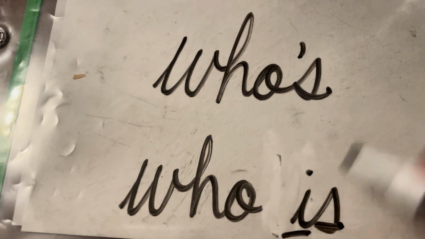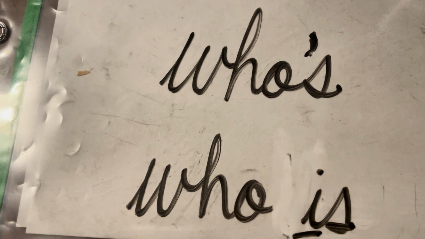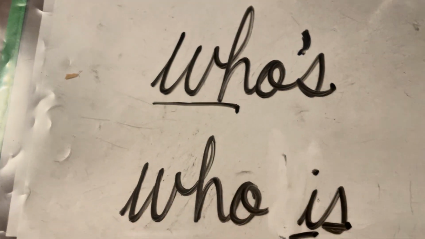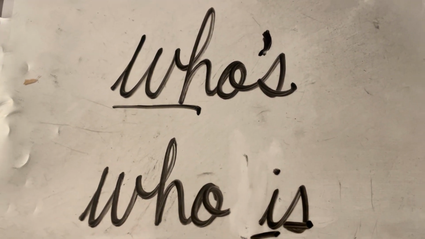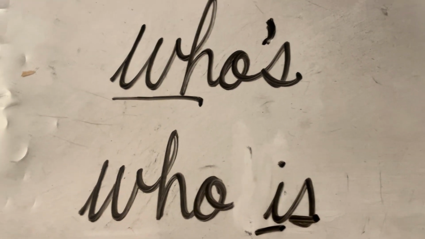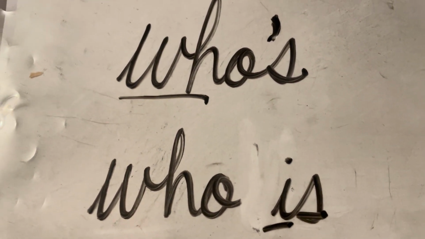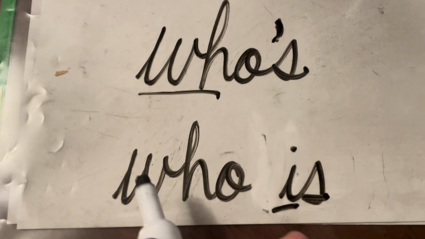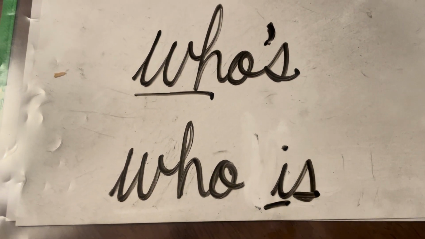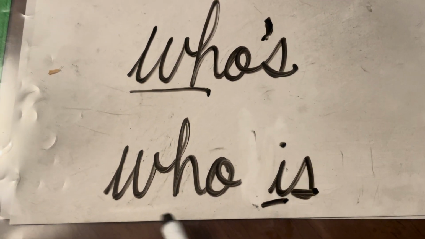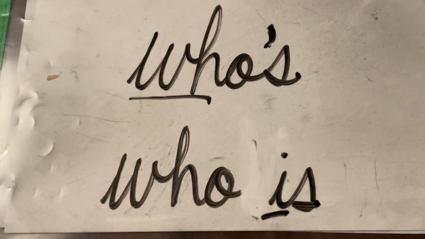We're replacing the I with an apostrophe. Check your work. Make sure you have h in who in that word. Now on your paper again today, you're going to write those words again, separating the two words that are included in the contraction. Make sure you're spelling both of those words correctly.